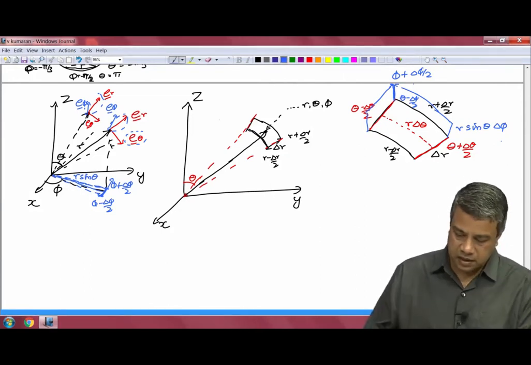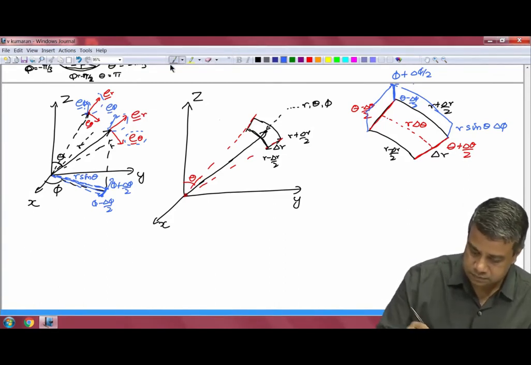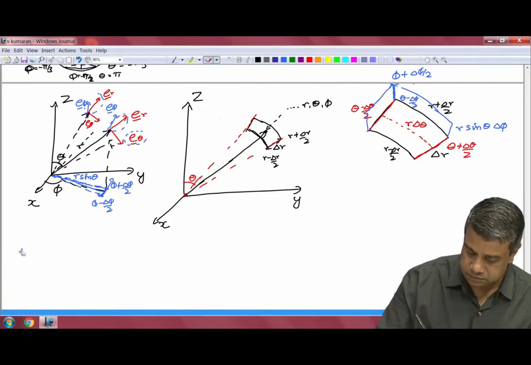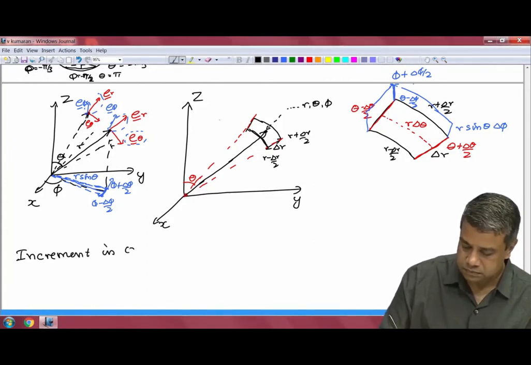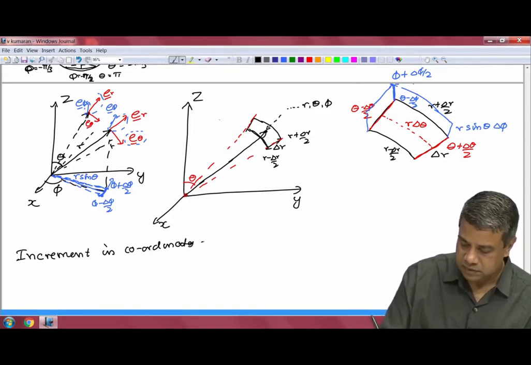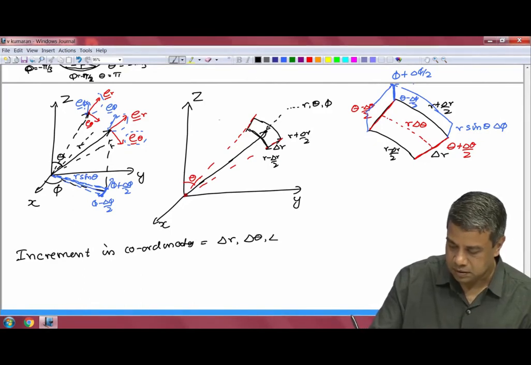So, therefore, the increment in the coordinates is equal to delta r, delta theta, delta phi.